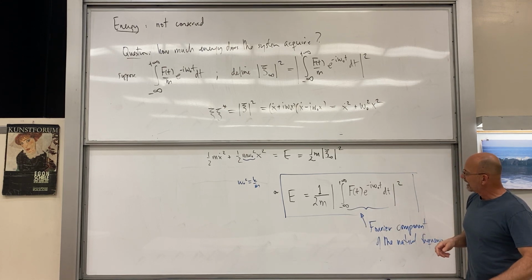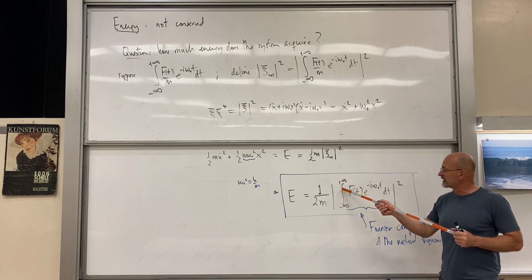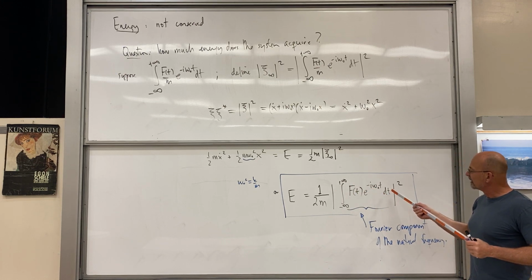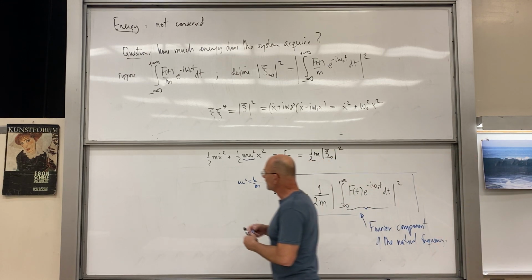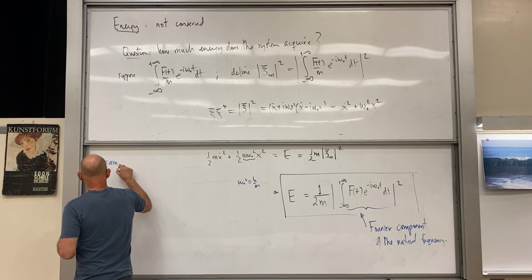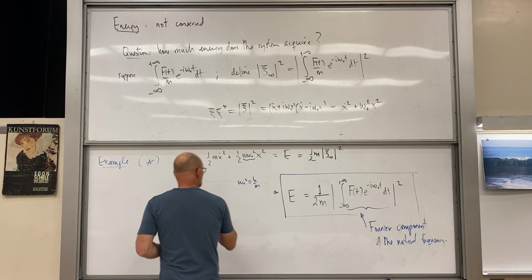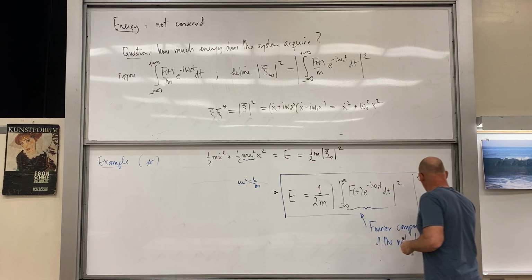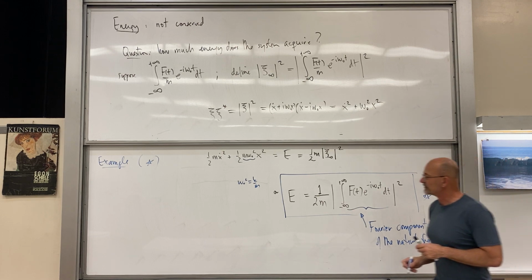So we're going to look at a particular case of this integration here, namely an impulsive force. So the last example here, for our expression star, is a force that acts for a very short time.